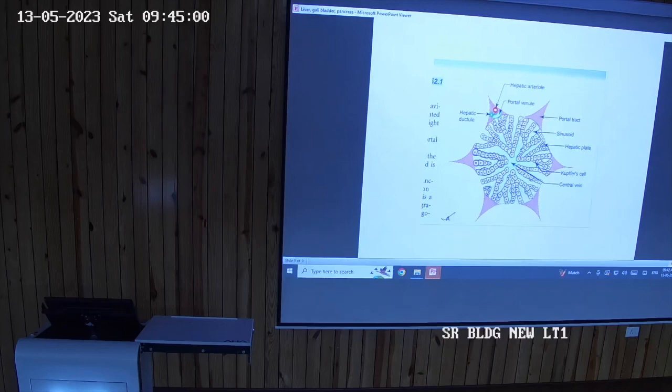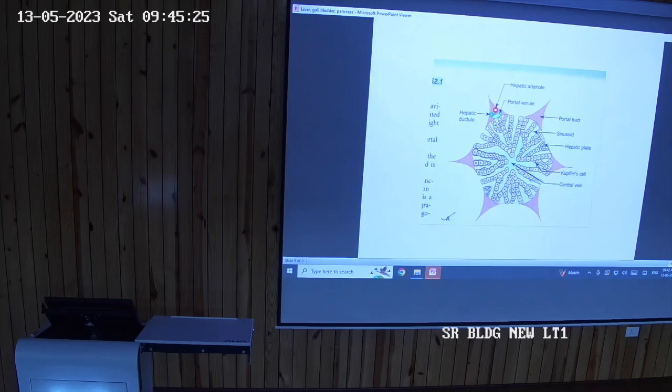So, when we see the lobule of the liver, you will find such a picture. In the center is the central vein. Radiating from the central vein are the hepatic cords, and this is the periphery of the lobule. At the periphery of the lobule, you find triangular structures. These triangular structures are called the portal triad.